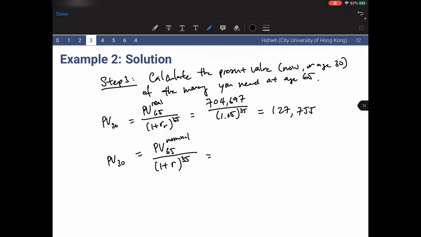So I'm just going to write those numbers I wrote in the previous slide. 317 divided by 1.071 to the power of 35, which is equal to 127,755. Right, so these are the same.